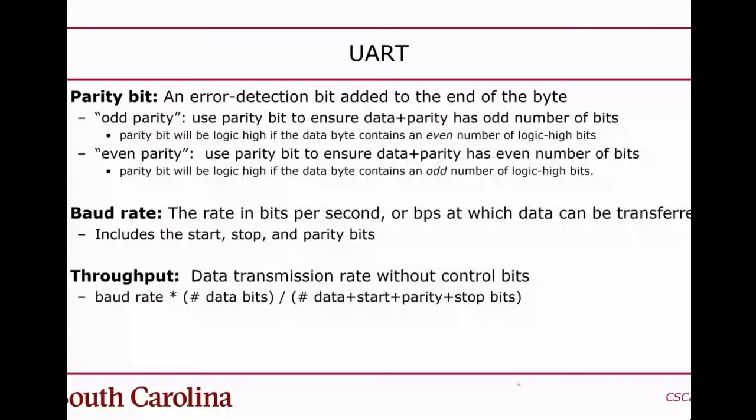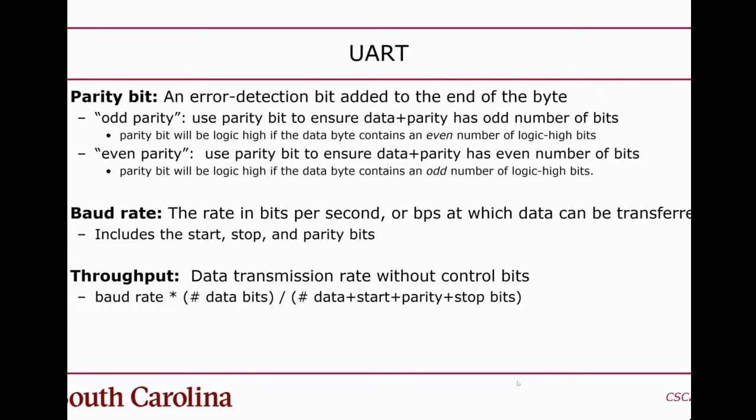Okay, we talked about baud rate versus throughput. This is kind of a terminology thing, but I mentioned that baud rate is the rate in bits per second at which the data is sent across the channel. When you say throughput, you're talking about the usable throughput, the usable data, as opposed to the start, stop, and parity bits.